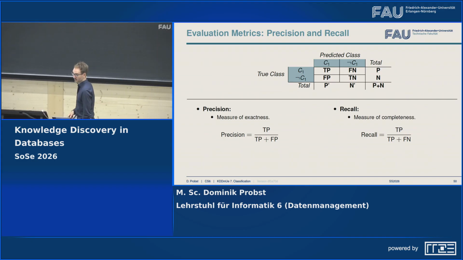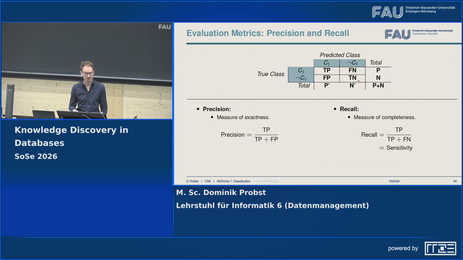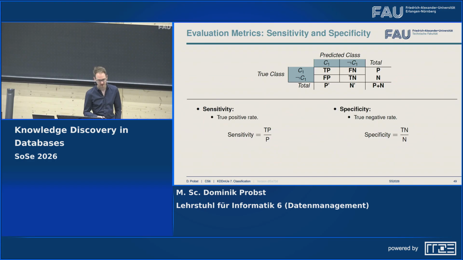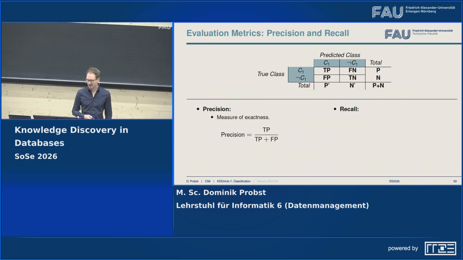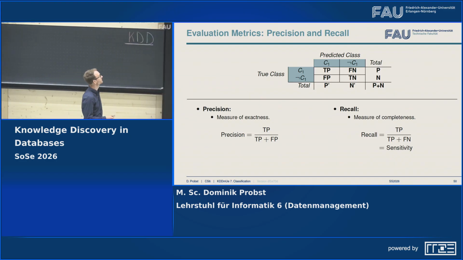And the measure of completeness is out of how many true positives you predicted correct positives. So either the column of positives or the row of positives. Recall is really sensitivity. That's something you can use as the same word, recall and sensitivity.